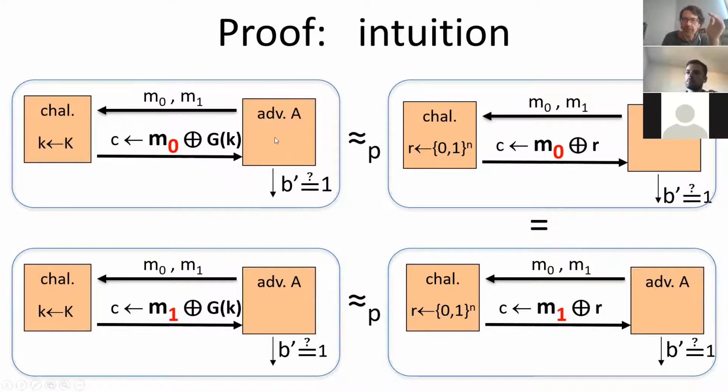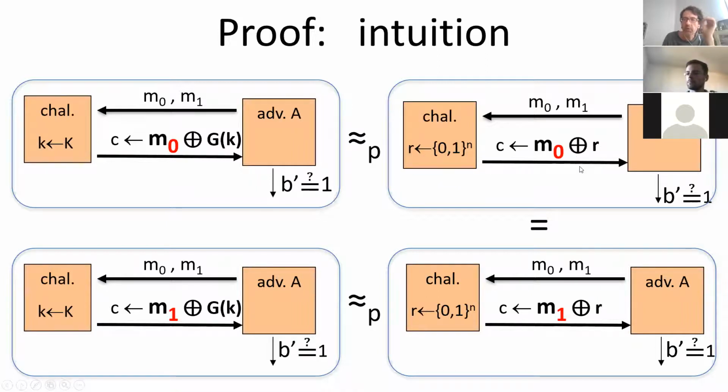If you have an attacker that tells this wire from this wire, then you would trivially build a reduction that distinguishes G(K) from R. And how does this reduction work? It takes a string, call it Y. It doesn't know, is it G(K) or is it R? In other words, is Y a random sample of a distribution created by taking a random seed and running a PRG on it, or is Y created as a random n-bit string?